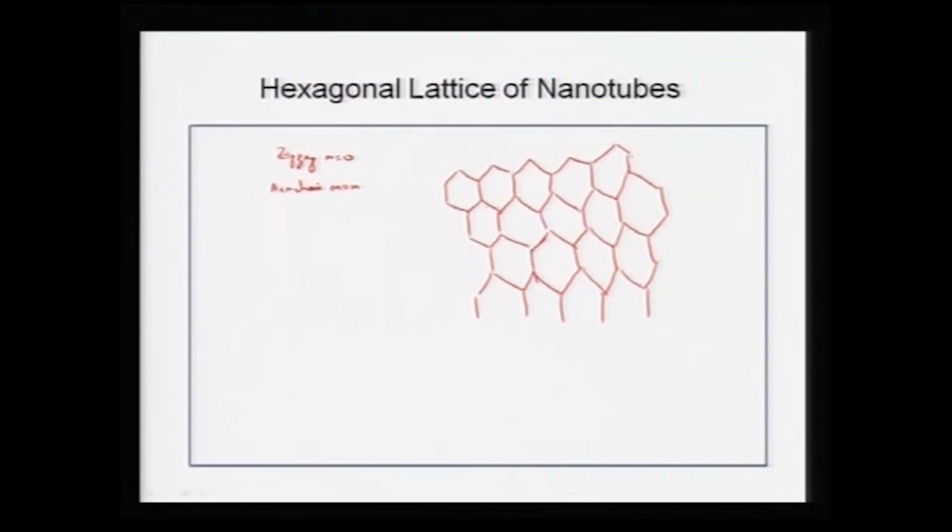Let me change the color so I can give a better feel. Let me start here. If I am traversing along this side, I am getting 1 0, 2 0, 3 0, 4 0 and so on. If I am traversing at 30 degrees, I get to this point, which becomes my 1 1.